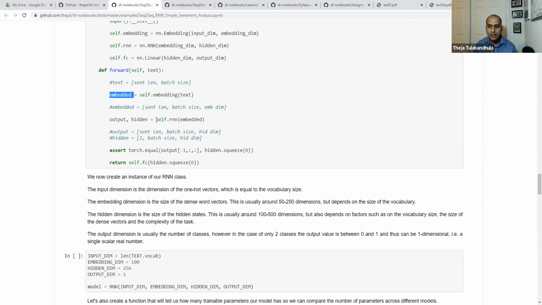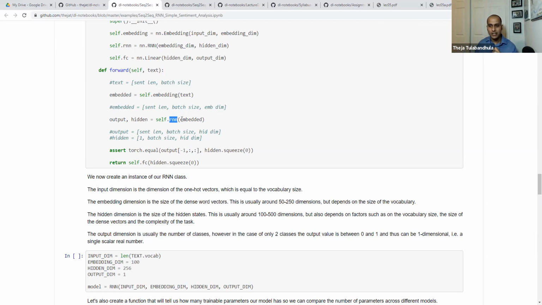Now I'm passing this whole embedded matrix, which could be size 4 or size 10 or whatever, the whole thing to the RNN block that I instantiated. So this RNN block is acting on each of the inputs in one go. You're not calling the RNN again and again.